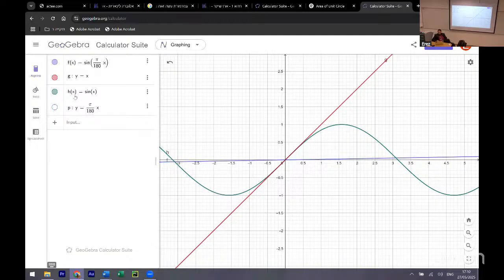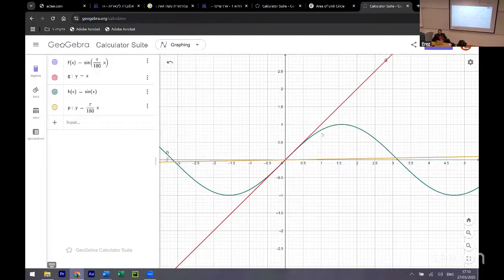I'll change the colors just a second. Let's make it yellow. Now you can see it. So that's the sine, the purple one. That's the tangent, the yellow one, it seems the same.